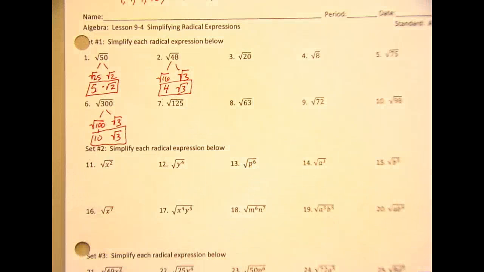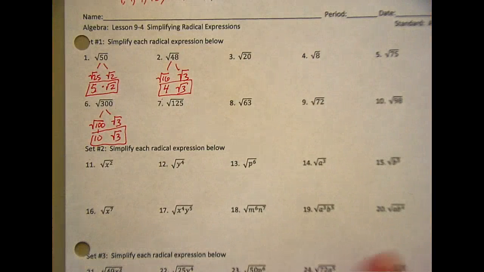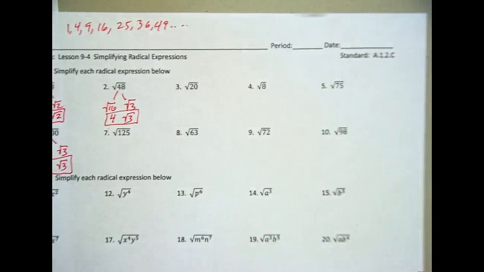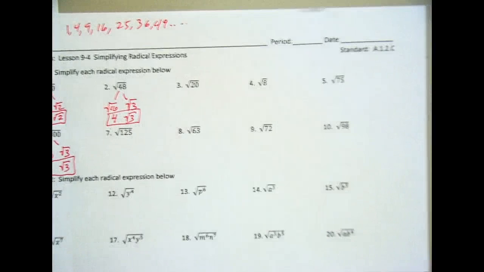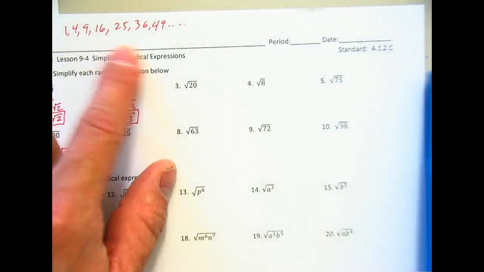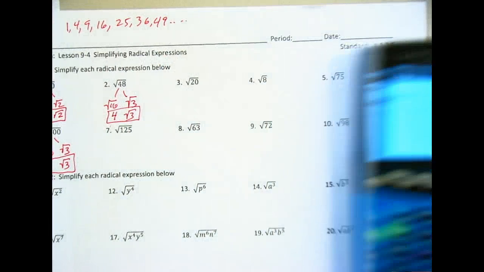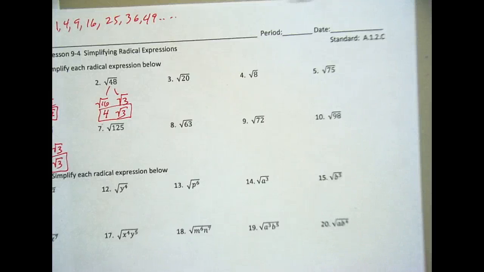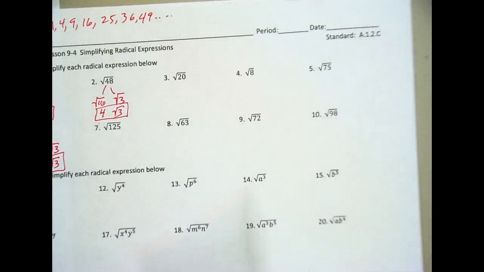Okay? All right. Any other questions on set 1? Number 10, root 98. So are you testing your perfect squares? You have to go quite a ways to get that one.